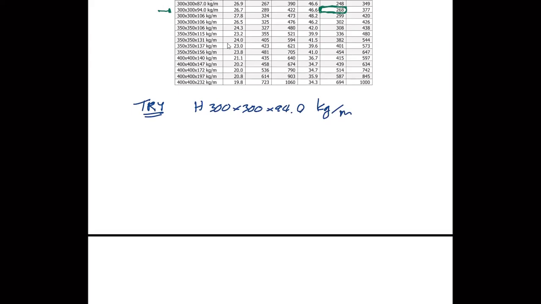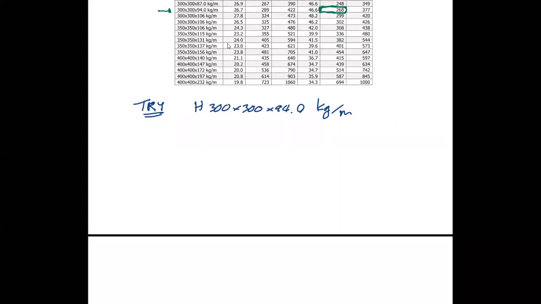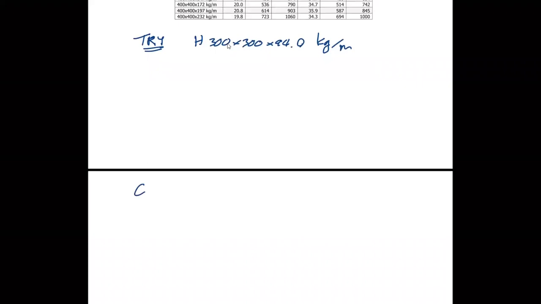Okay, and now you have the section. You should go to the steel table again and pick the property, but somehow it happens to be the same thing. But you know the load and the unbraced length are different. So that's the section that we are going to try to see if it works. Since the properties are the same, let me just go ahead and investigate it. So check.